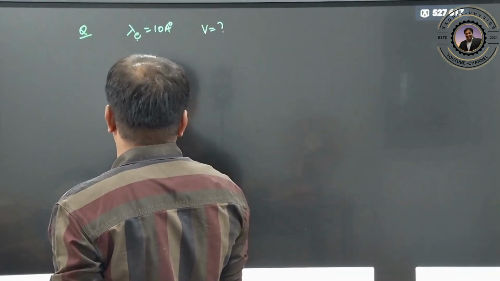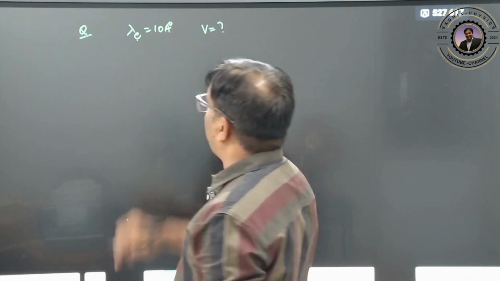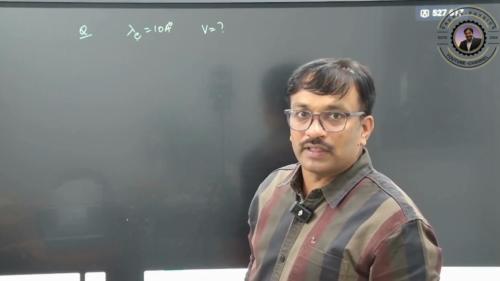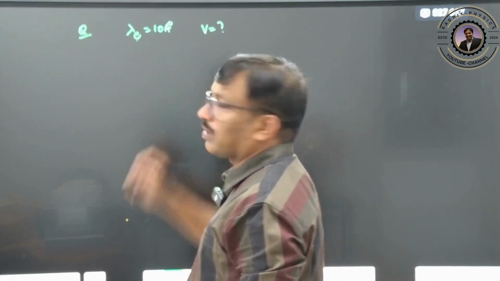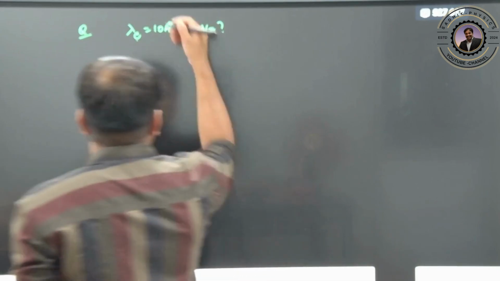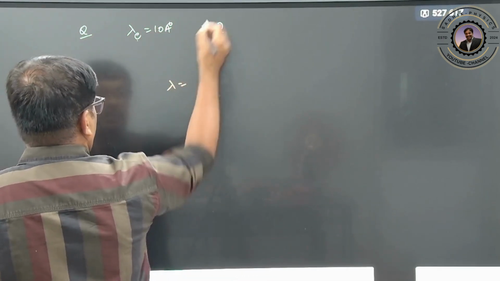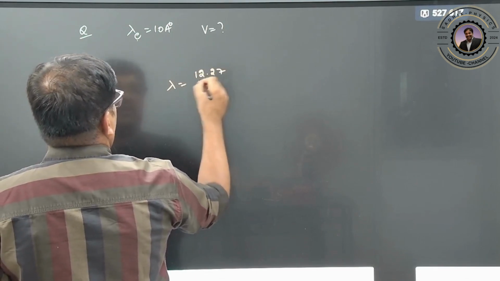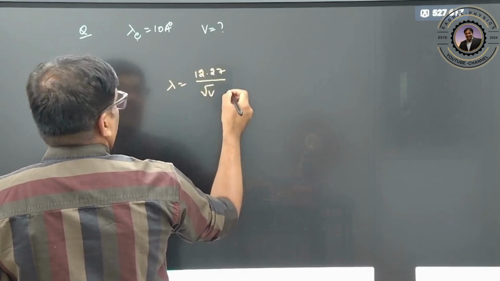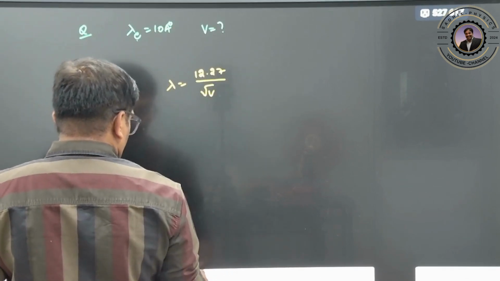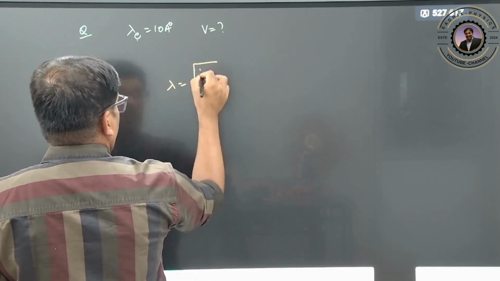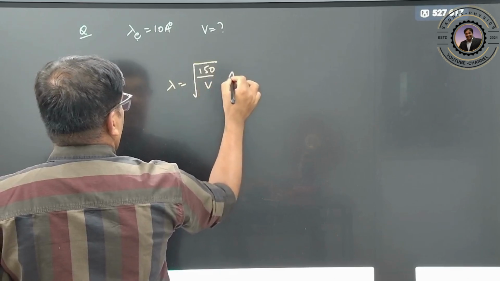Let us see. Here the de Broglie wavelength of an electron is given as 10 Armstrong. With what potential difference was it accelerated? We want to calculate it. Very simple question, we know it. We studied it here: 12.27 by root V. Here we can rewrite it as one more formula, that is root 150 divided by V in Armstrongs.